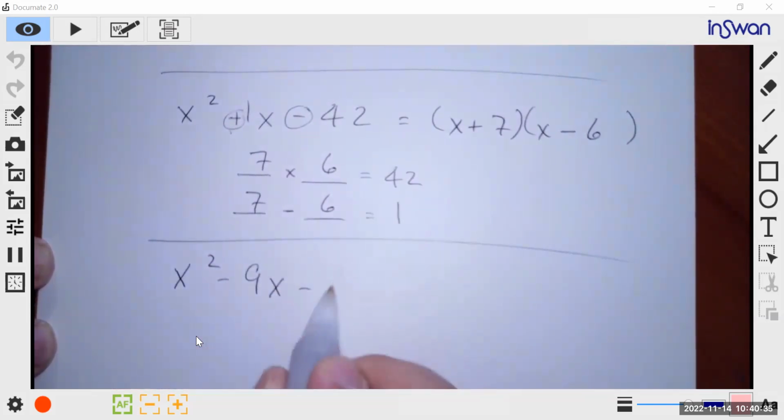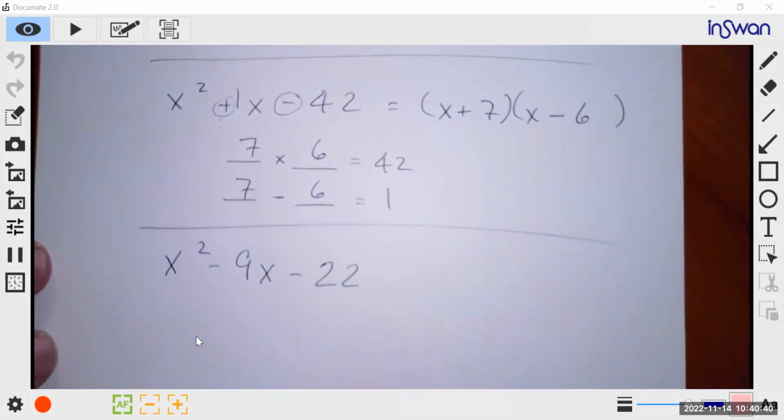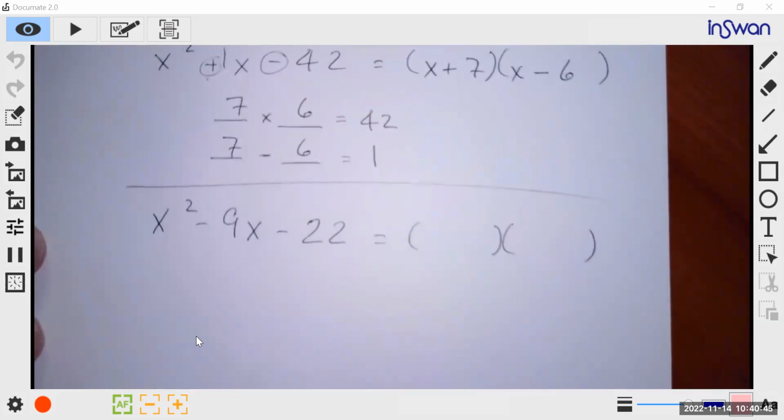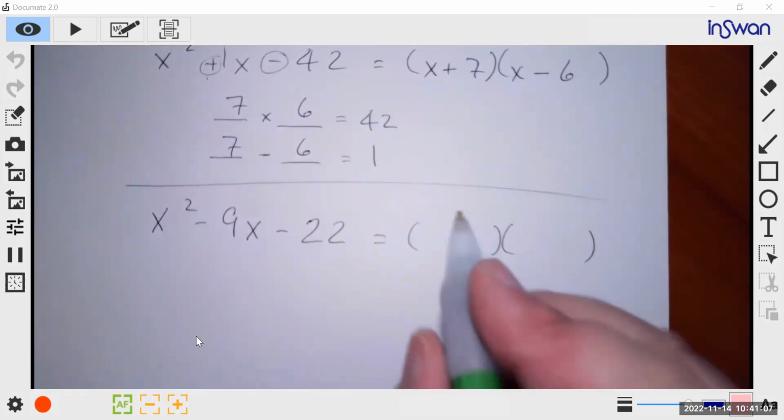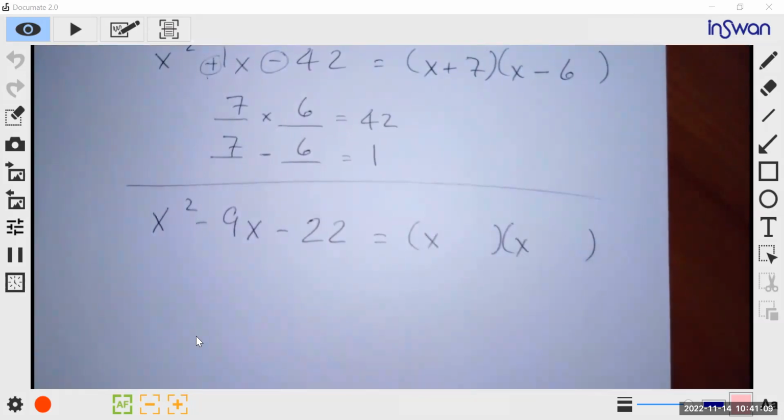x squared minus 9x minus 22. Okay, again, start with the process slowly. What do we know goes in the first spot? x and x. What are the signs?